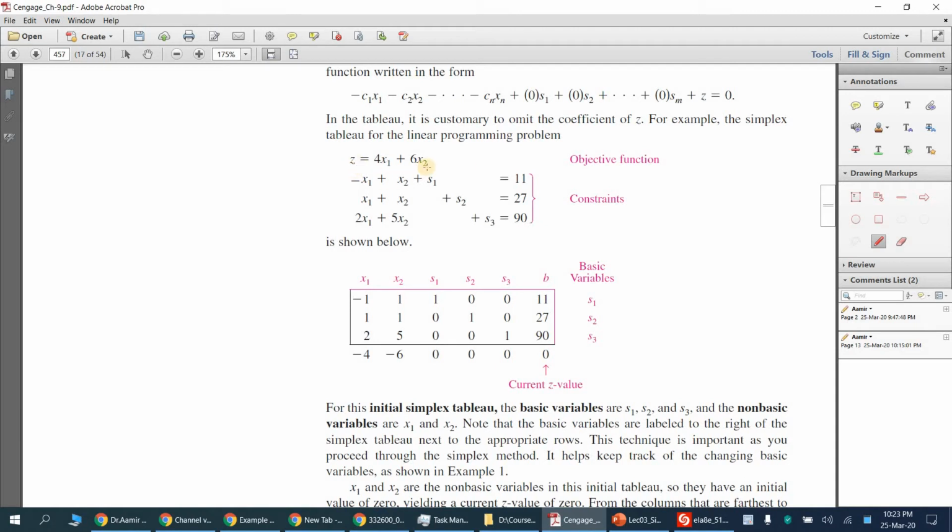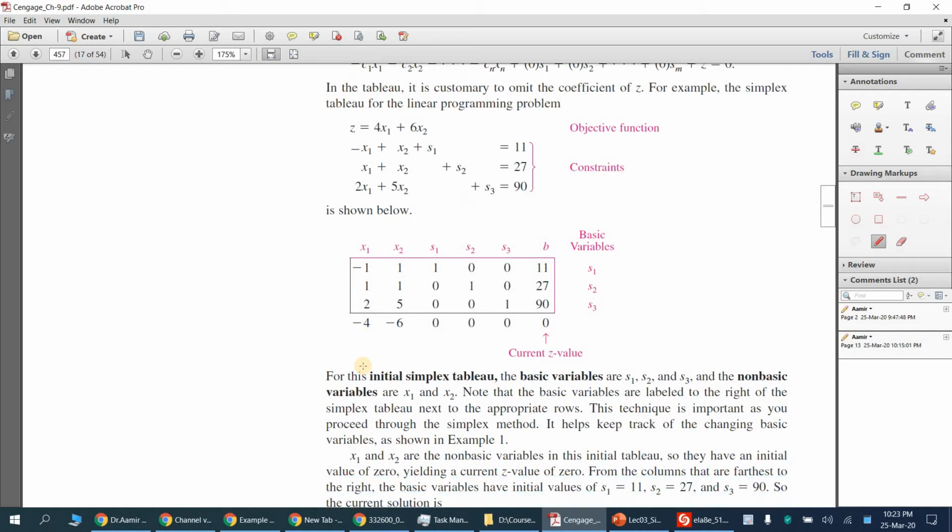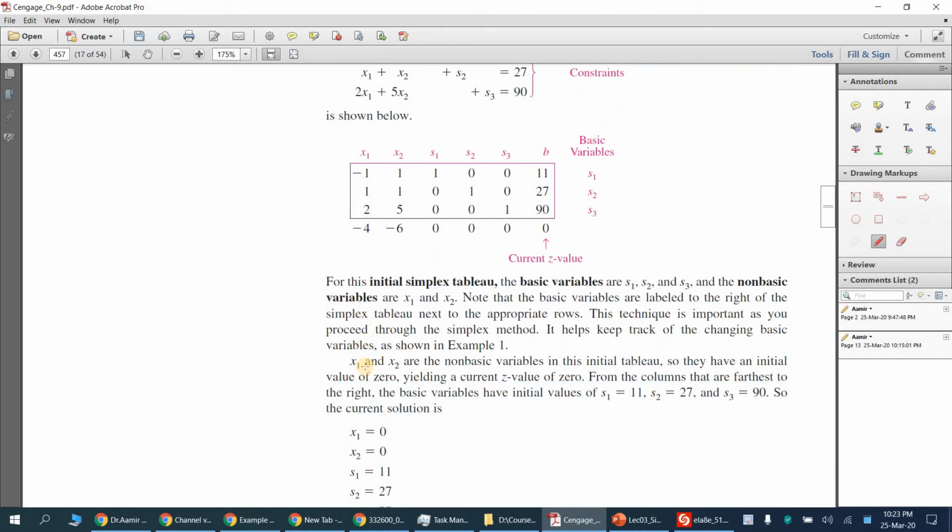So you will have z minus 4x1 minus 6x2. That's how this z equation comes to you. Your initial simplex tableau has the basic variables s1, s2, s3, and the non-basic variables are x1 and x2. These two are non-basic. Okay.